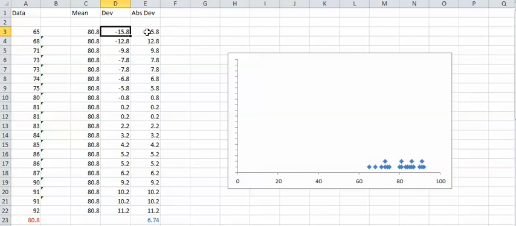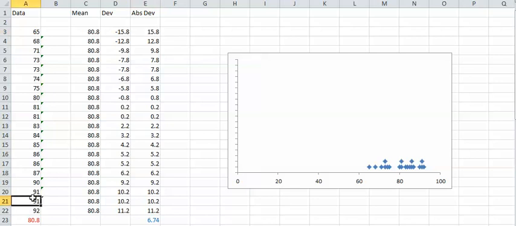And this absolute deviation right here is also telling us that the distance from the data value of 65 up to the mean is a distance of 15.8. The only difference between the deviation and the absolute deviation is that the absolute deviation leaves off the negative sign. The absolute deviation doesn't tell you if the value is below or above the mean. The absolute deviation just tells you the distance from the data value to the mean.